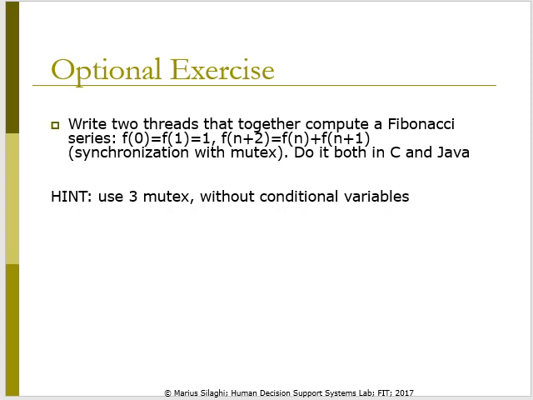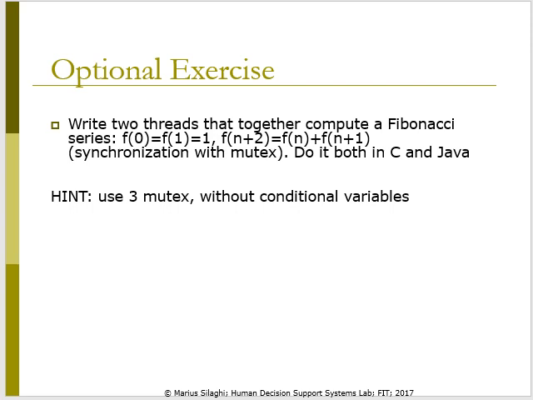I recommend you perform as an exercise writing a program with two threads that together compute a Fibonacci series, like the standard one, f0 equals f1 equals 1, and f(n+2) is f(n+1) plus f(n) for every subsequent n.